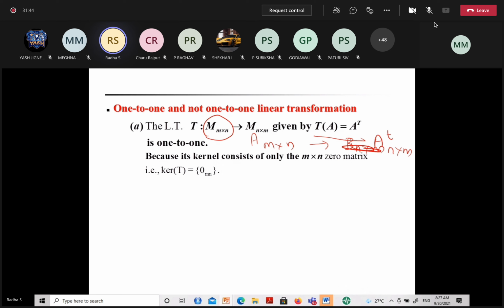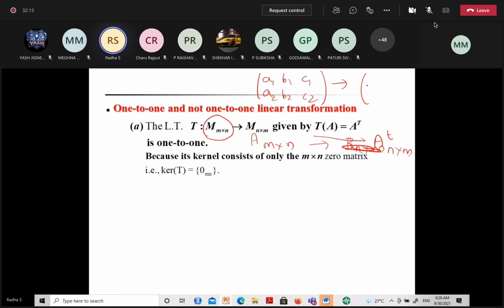Which matrix will be taken to a 0 matrix? Here I need an N by M 0 matrix. So which M by N matrix A will go to a 0 N by M matrix? Simple. I have a 2 by 3 matrix: A1, B1, C1, A2, B2, C2.